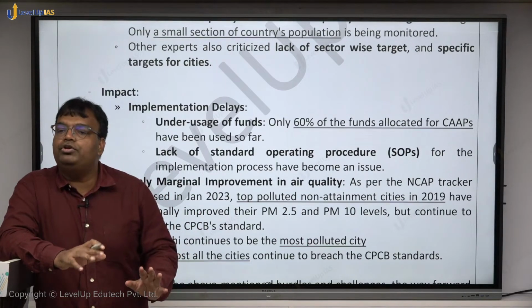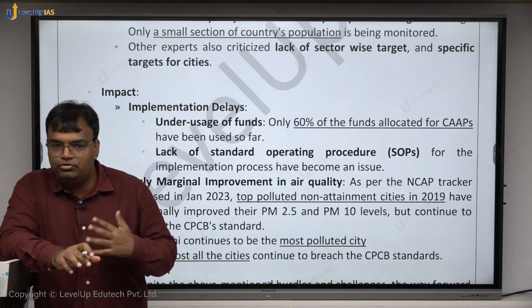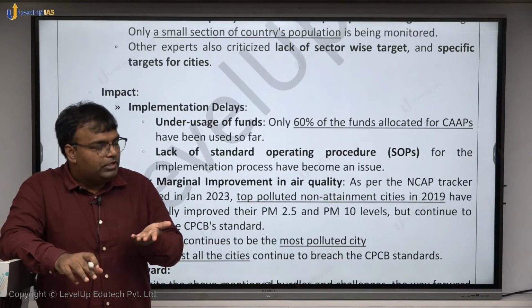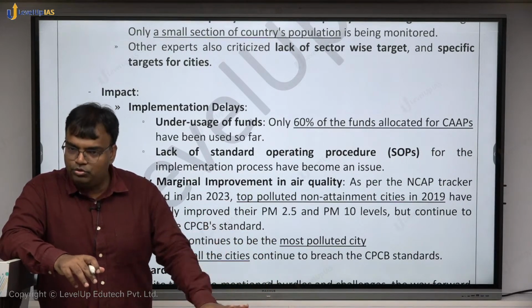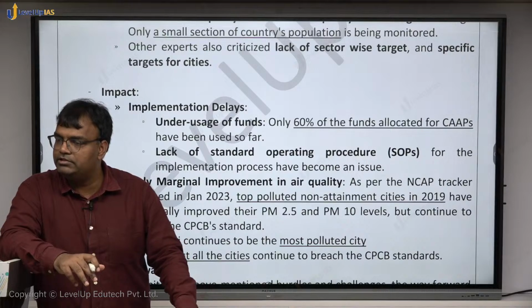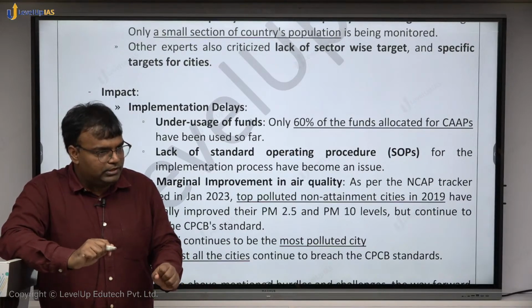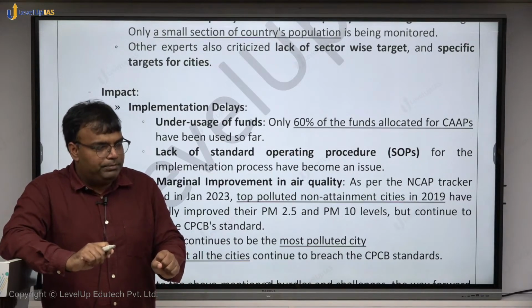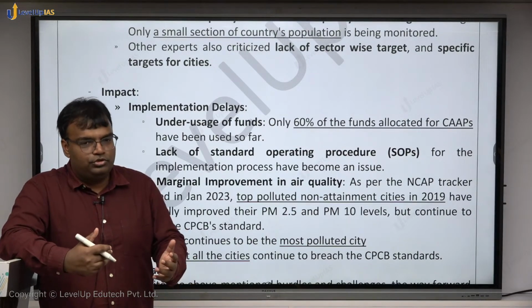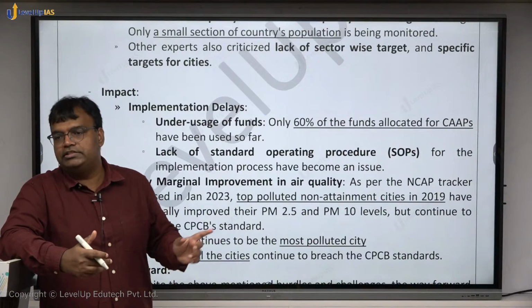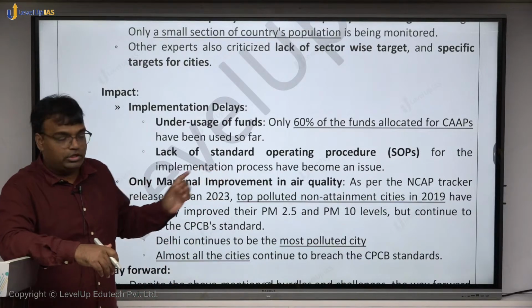Eventually that may not result in a 20% reduction, but right now cities are worried that if we implement this and it's not able to reduce CO2 emission by this much, NO2 emission by this much, PM 2.5 emission by this much, then what happens? Officers are not taking steps to fight air pollution. This is creating a bottleneck here.